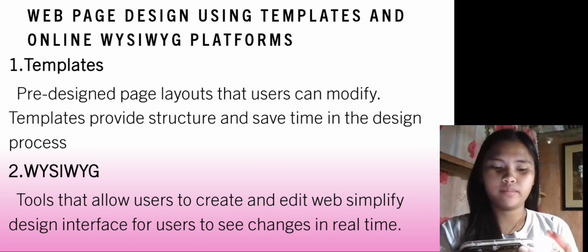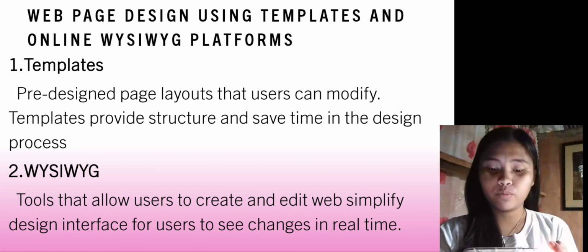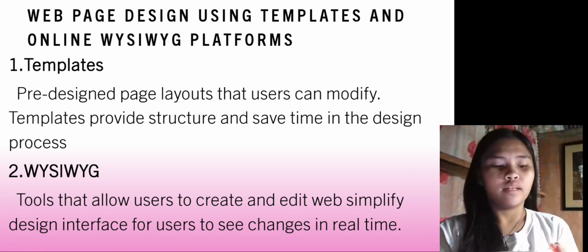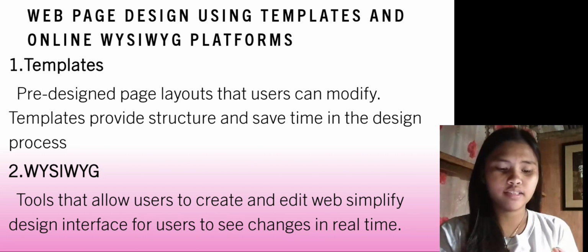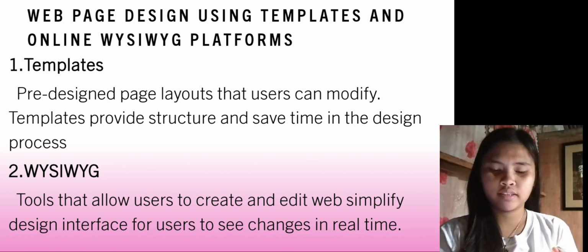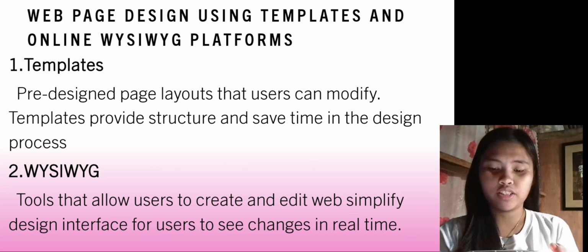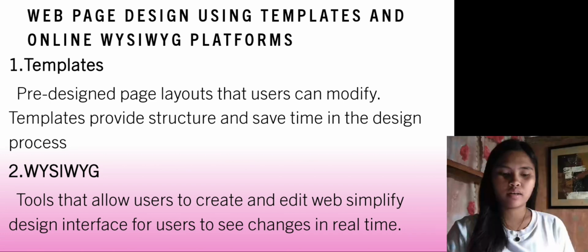WYSIWYG platforms: tools that allow users to create and edit web pages visually. These platforms simplify design tasks by providing a graphical interface for users to see changes in real time.